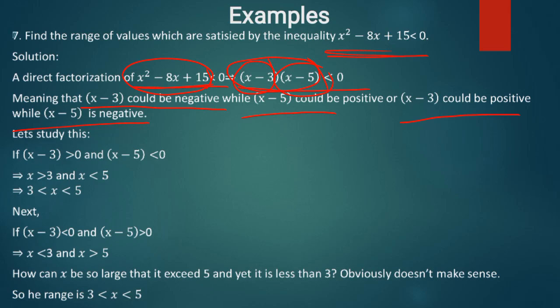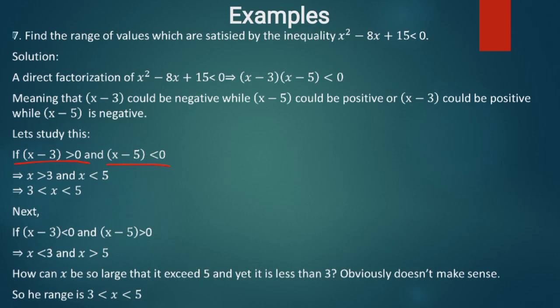So that's what we're saying here, that x minus 3 could be greater than 0 and x minus 5 will be less than 0, because that's our intention based on the inequality, right? Okay, so how does that help us? Because we're trying to find the range, right? So if it turns out that x minus 3 is greater than 0 and x minus 5 is the one less than 0, what's the implication of this?